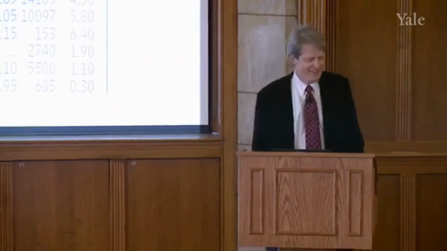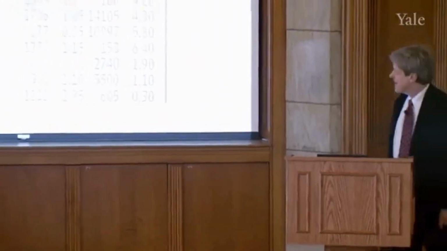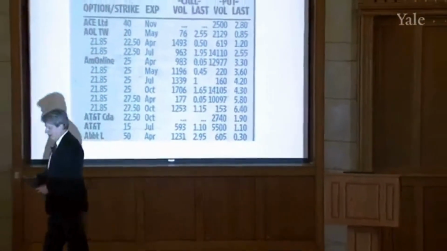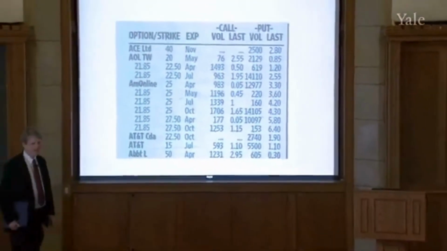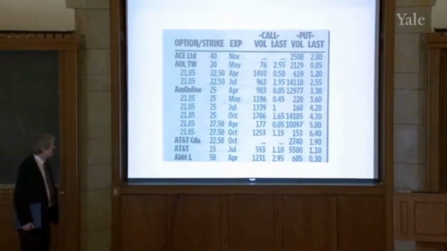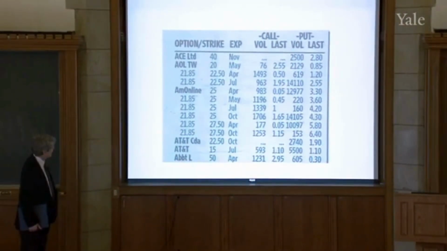But why don't we just stick with the Wall Street Journal? So this is a clipping from the Wall Street Journal, April 2002, when they used to have an options page. And I just picked America Online, I don't know why, it's an interesting company.